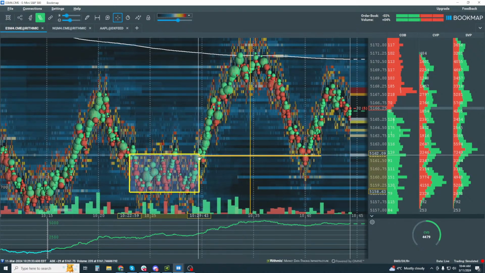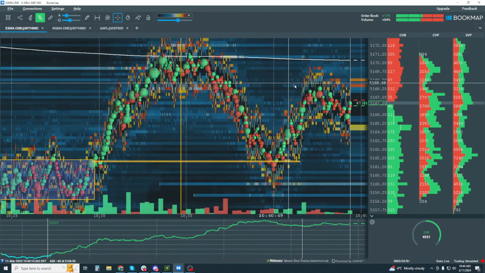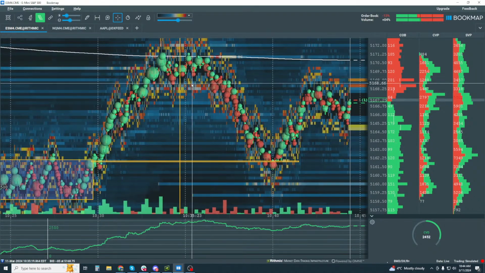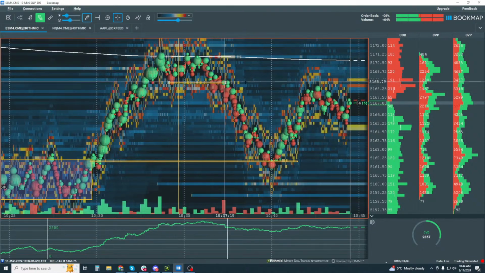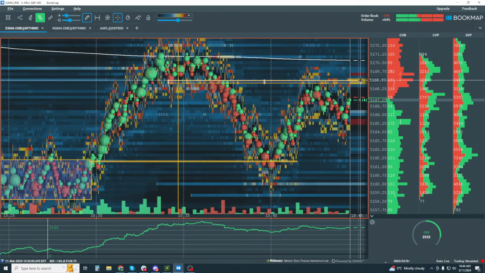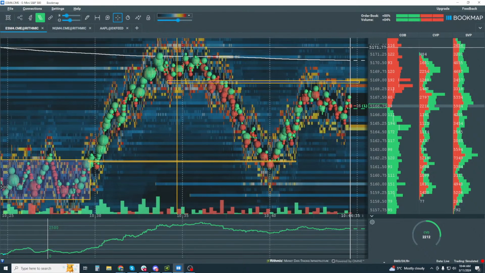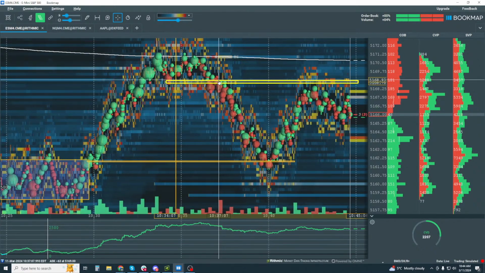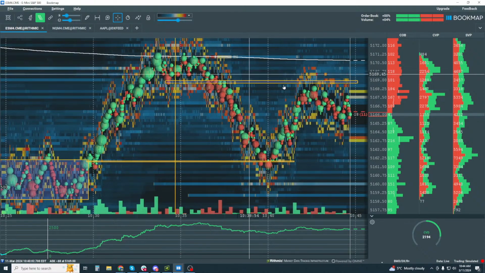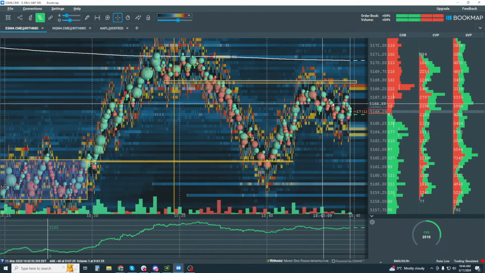Where do we think price would go back? Well, back to where the selling brought this down. This is a pretty good little area up here. So then we look for sellers. This is the resistance that we're looking for up here, where they came in and engaged this market to the downside.